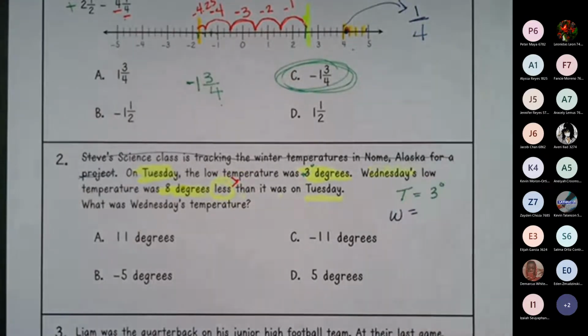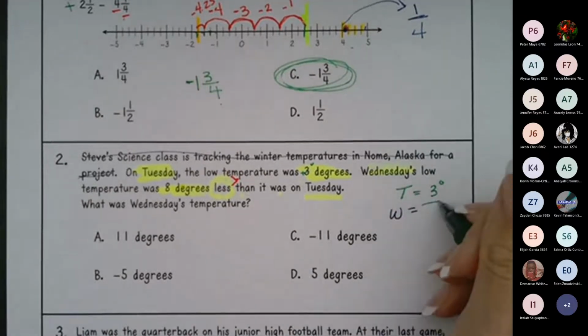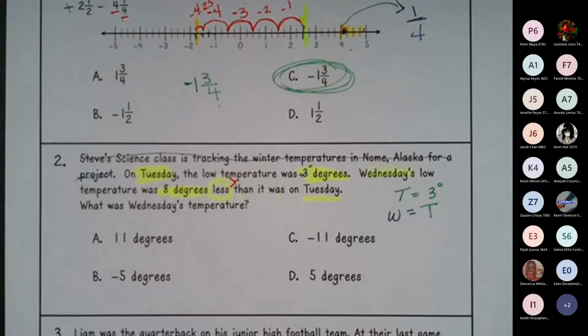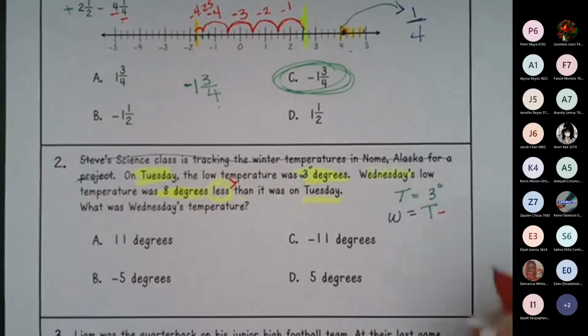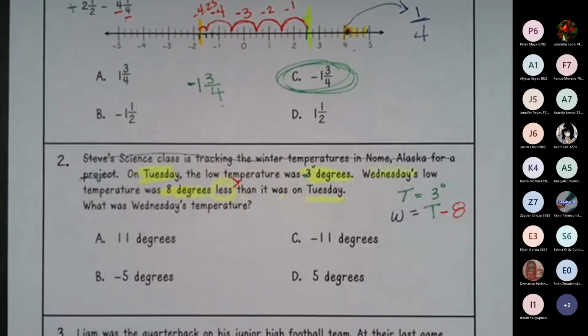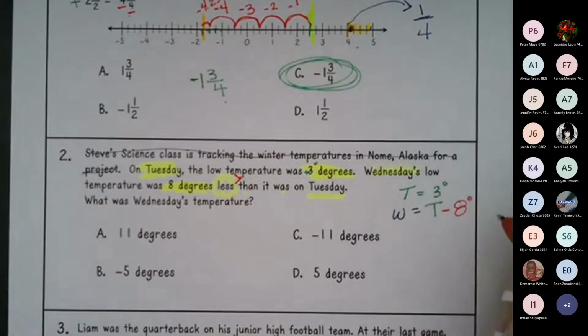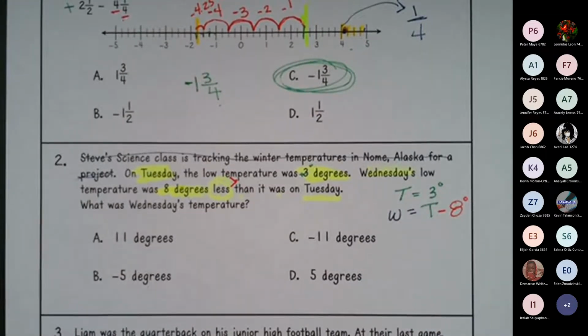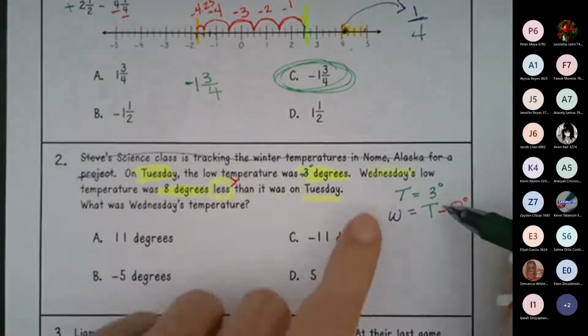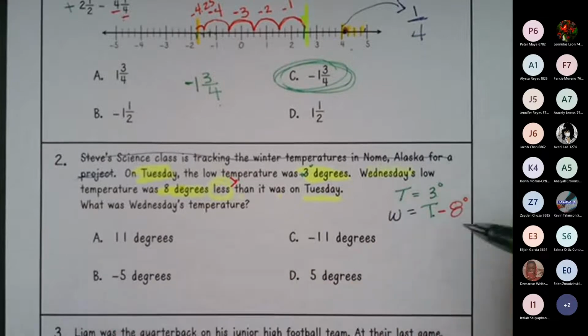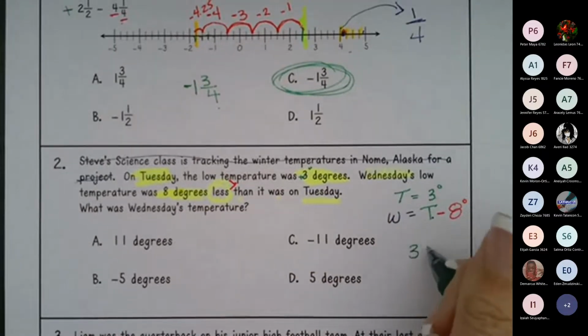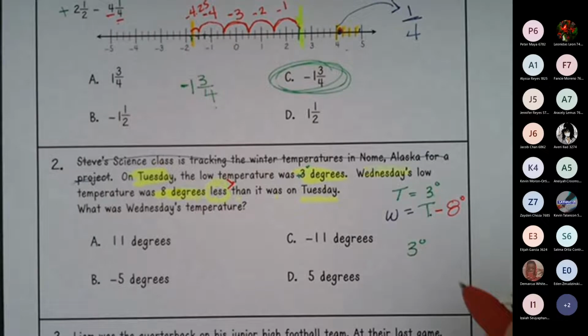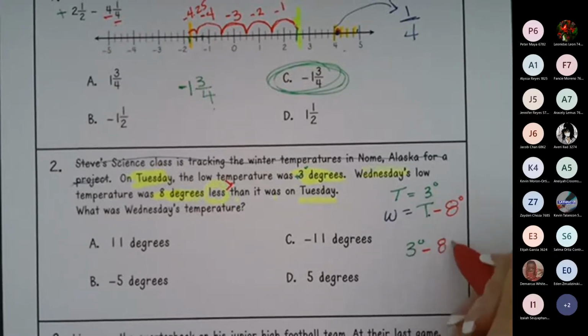So Wednesday is equal to Tuesday's temperature minus 8 degrees, right? So if I plug my value for Tuesday into my inequality, that's going to give me 3 degrees minus 8 degrees.